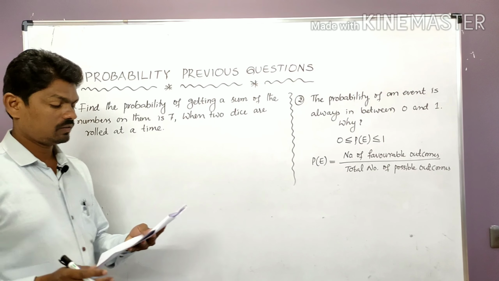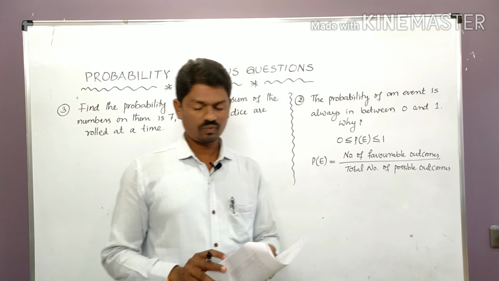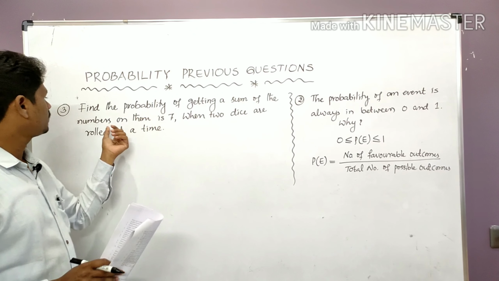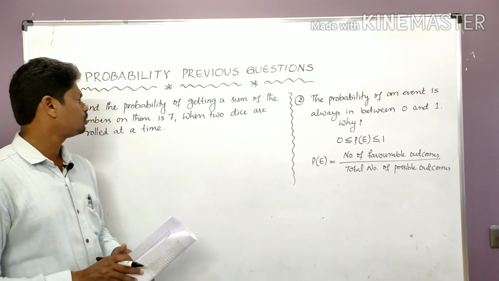So this he has given, student. Find the probability of getting a sum of the numbers on them is 7 when 2 dice are rolled at a time.